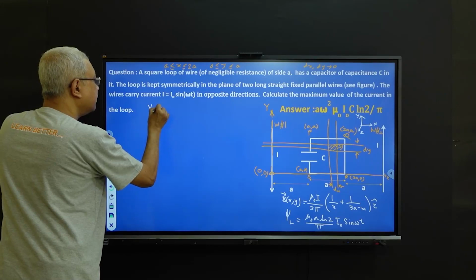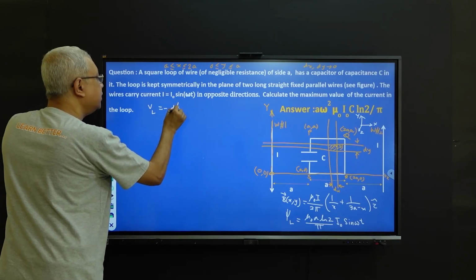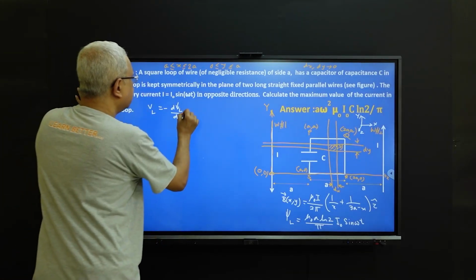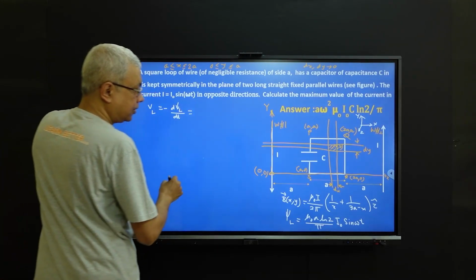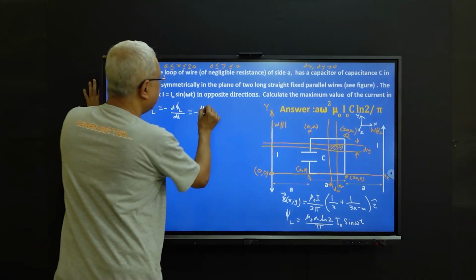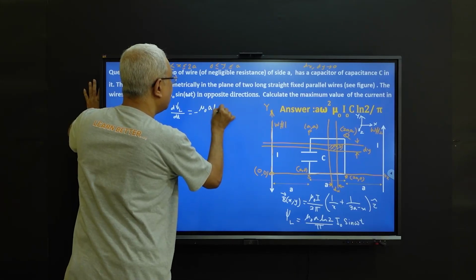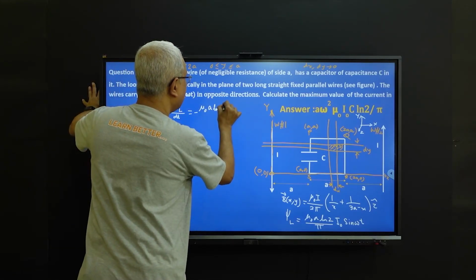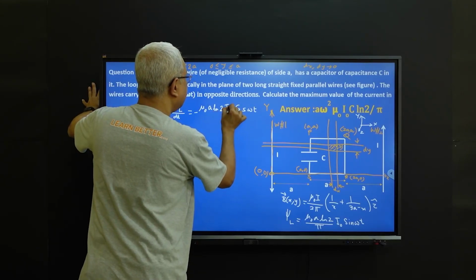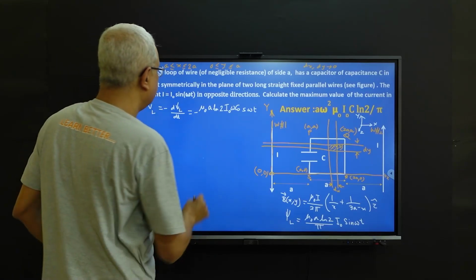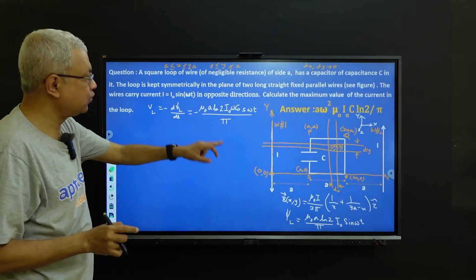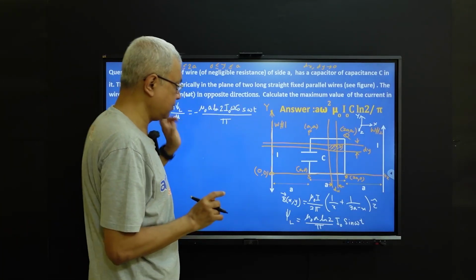VL equal to minus d psi L dt. So it is minus mu naught A ln 2 I naught omega cos omega t by pi.